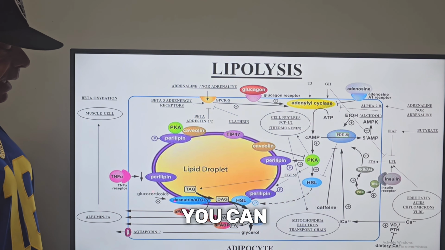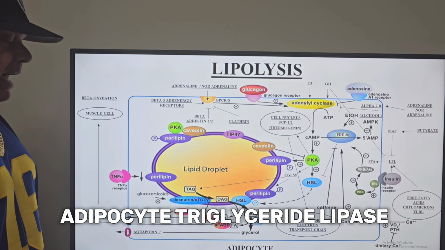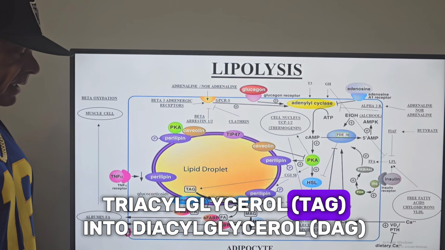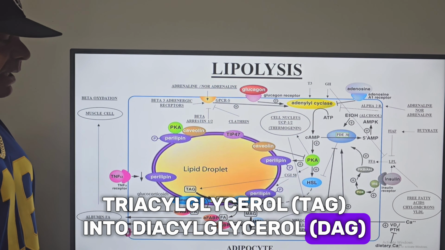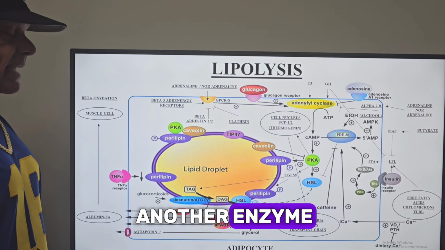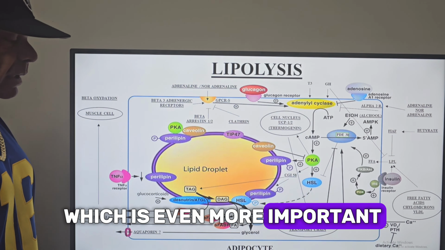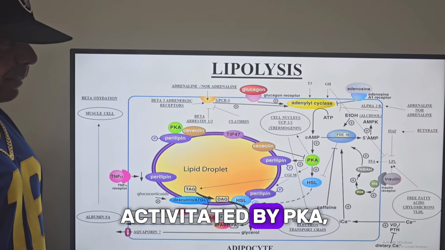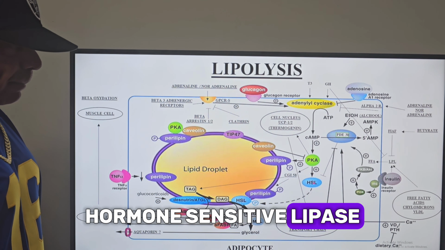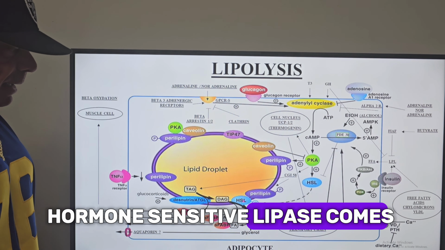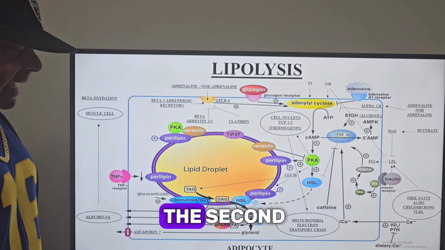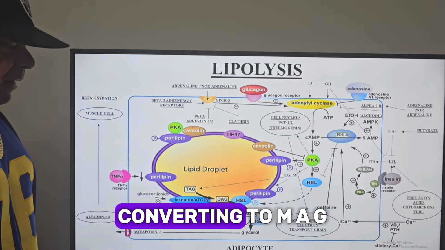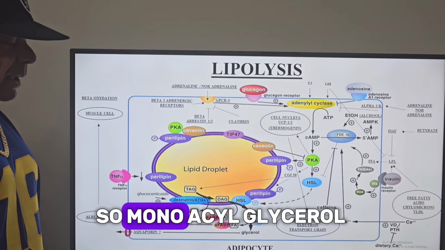In some books it can come as desnutrin or adipocyte triglyceride lipase. They convert the triacylglycerol into diacylglycerol, and then you have another enzyme which is even more important, the hormone sensitive lipase. That is also activated by PKA. Hormone sensitive lipase breaks down the second fatty acid from the molecule of triglyceride, converting to MAG, so monoacylglycerol.